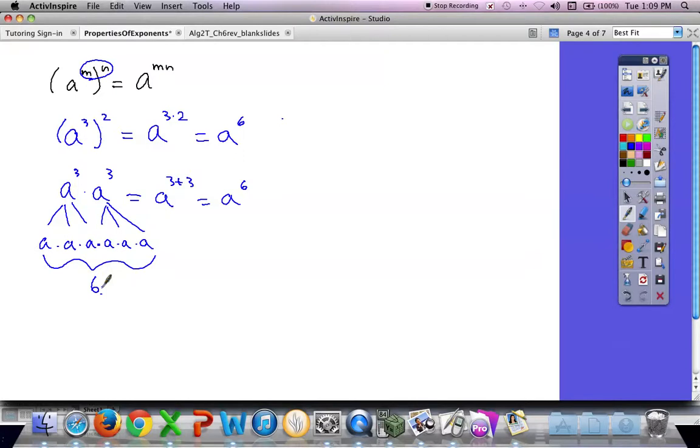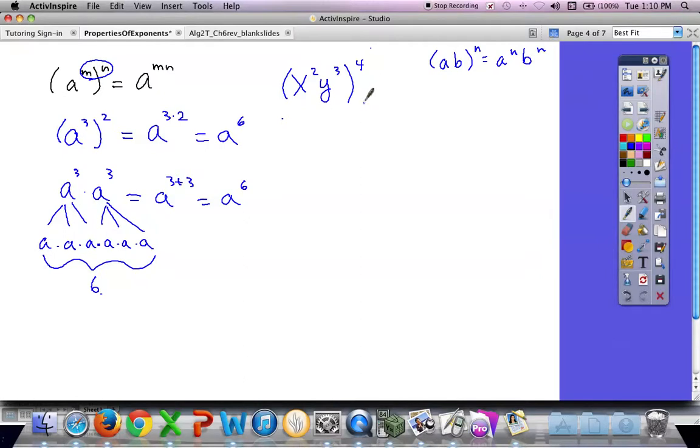Okay, understanding that, we can combine that with the previous property for an example like this. X squared y to the third raised to the 4th power. Right? By this property, well actually, by a previous property, the one that says that (ab) to the n is a to the n, b to the n.